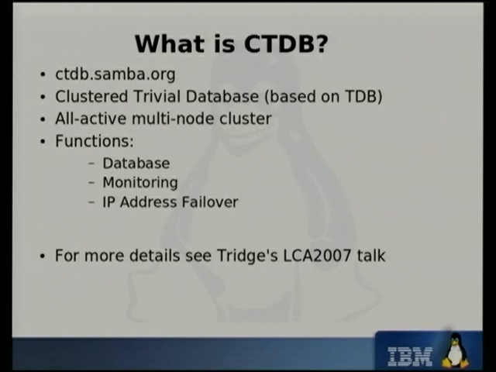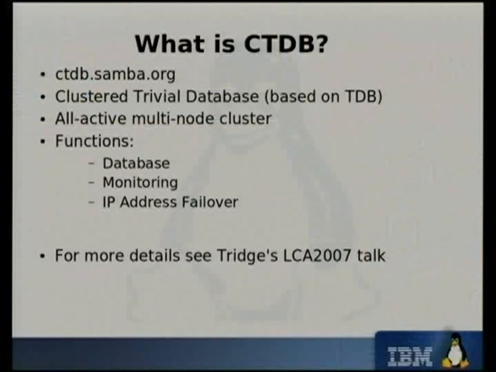Samba needs to keep track of lots of stuff inside memory, but then when you spread Samba across a cluster of, say, 20, 30, 40, 100 nodes, it's really important that all the Samba processes agree on what the current state is. And that is the main part of CTDB, to provide a clustered version of this trivial database that Samba uses for the internal server state.